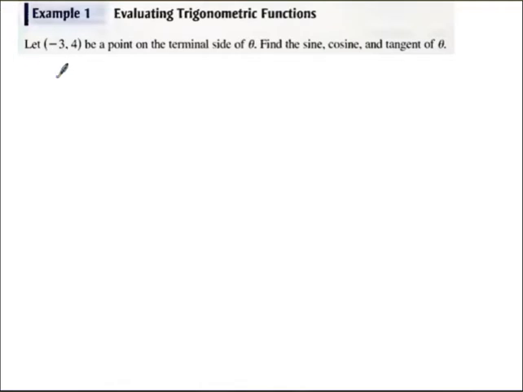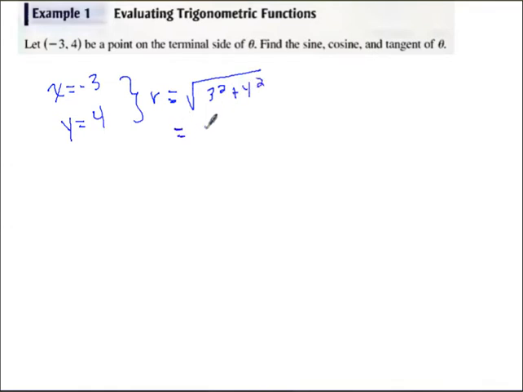Well, we have this as my point, so x is -3 and y is equal to 4. We can use these to find r, which is really just the distance or the hypotenuse, so it's Pythagorean theorem or distance formula, however you want to look at it. But it's the square root of 3 squared plus 4 squared, and we know that it's a 3, 4, 5 triangle, so r is 5.